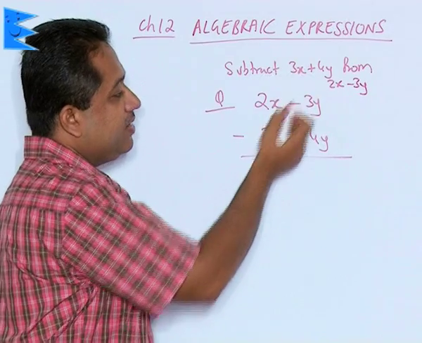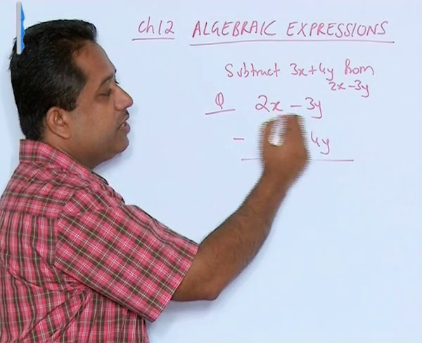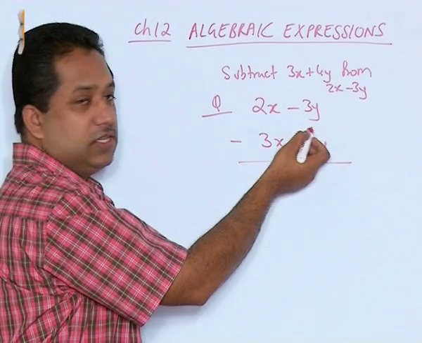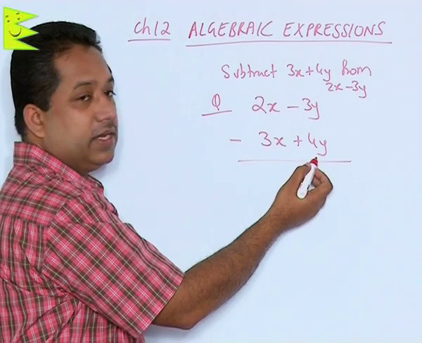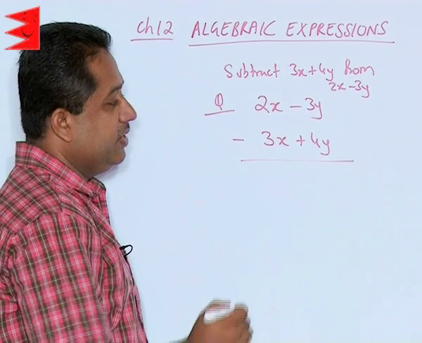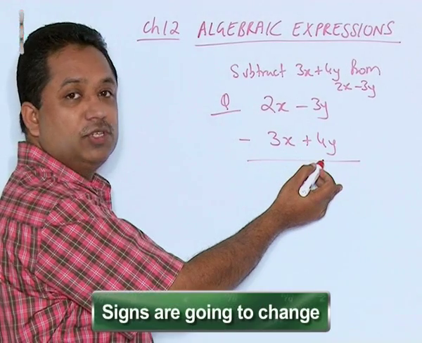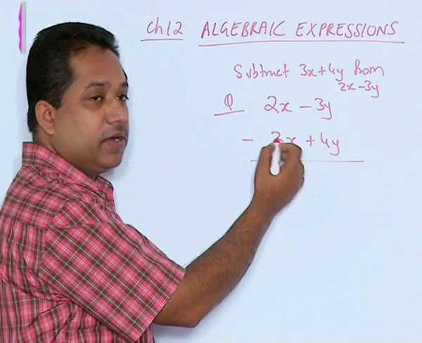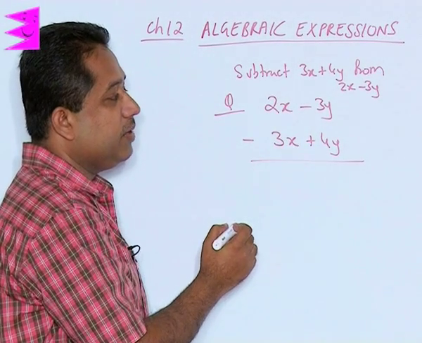Subtracting 3x plus 4y from 2x minus 3y means 2x minus 3y will be written first and this will be written later. When you are subtracting, the most important thing to understand is that the signs are going to change. Whatever is plus will become minus, and if it is minus it will become plus.